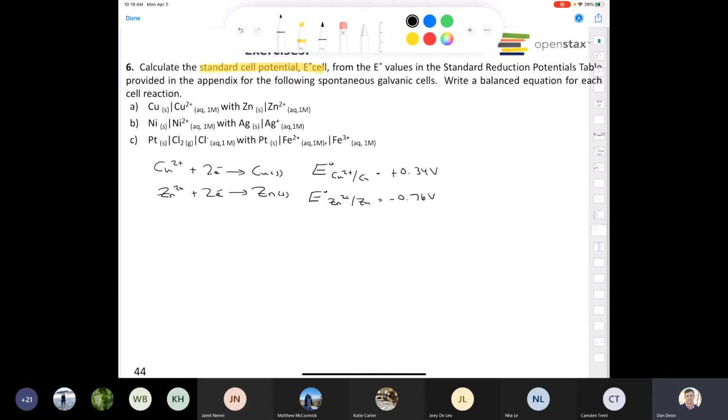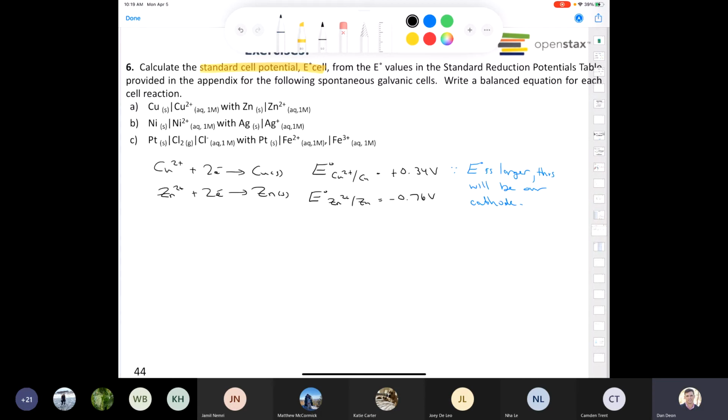Now, we want to produce a functioning galvanic cell here. So since the standard reduction potential is larger here, this will be our cathode.